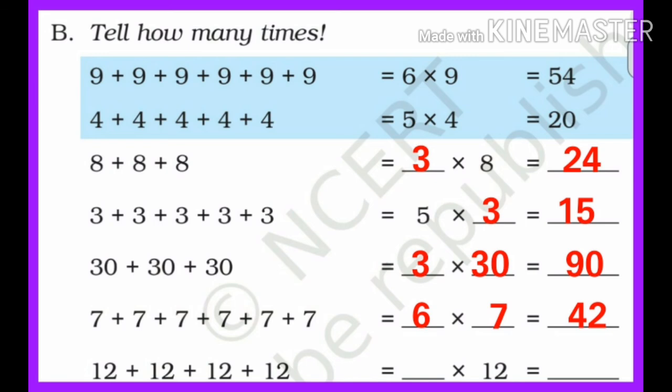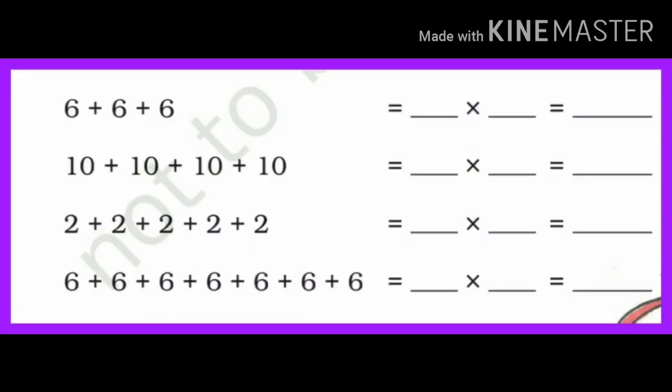Next one, here the number 12 is repeated 4 times, so we will write 4 into 12, answer will be 48. Children, you will do the remaining 4 sums by yourself.